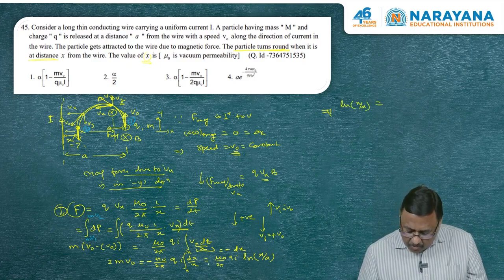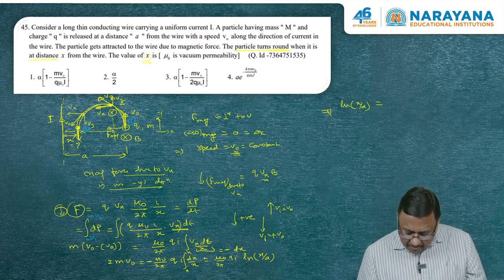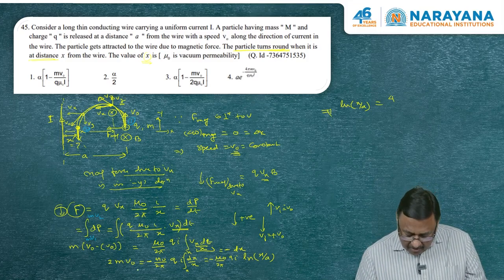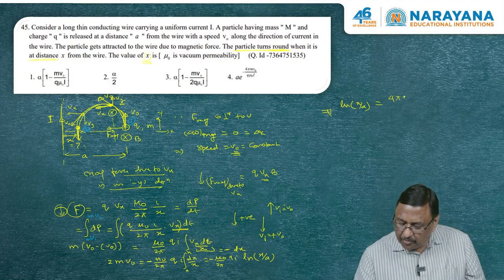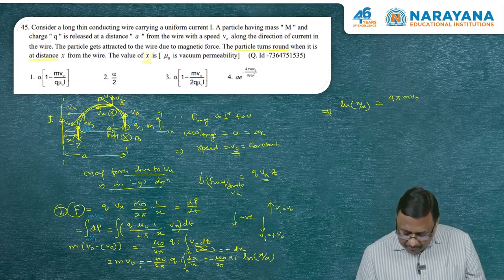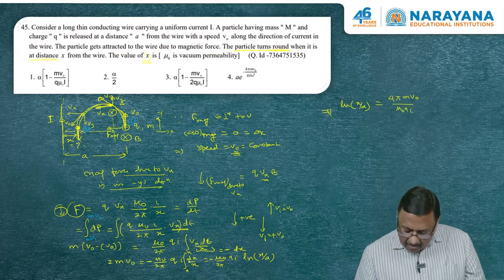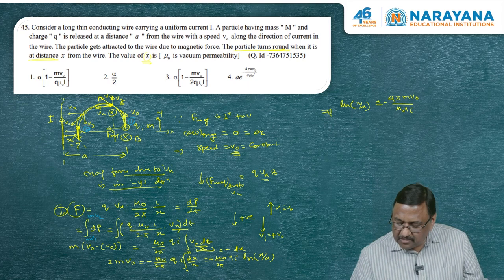It is 2 into 2, it is 4 pi. It is already a minus sign, so I put a minus sign here. I will write it is 4 pi mv naught divided by mu naught into q into I. There is a minus sign, so I put a minus sign here also.